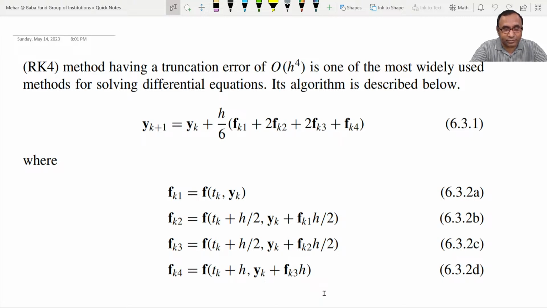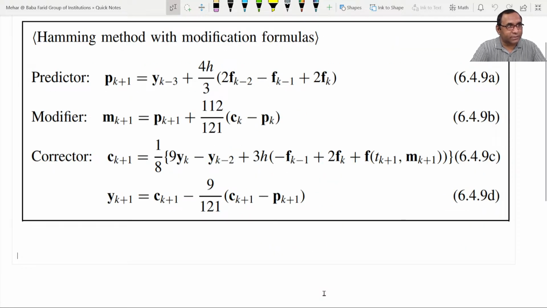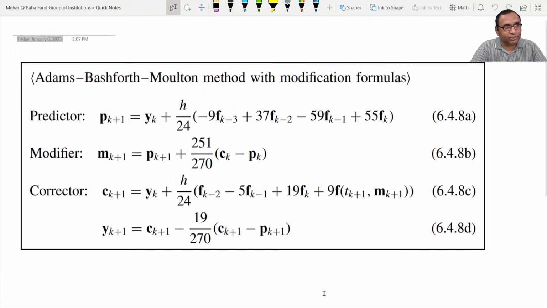Two methods will be used here, and the most important thing is that when we are using the predictor and corrector method, we choose one of these, like the Hamming method or the Adams-Bashforth-Moulton method. In these two methods, we need some initial values, and these values can be computed with the help of the Runge-Kutta fourth order method.